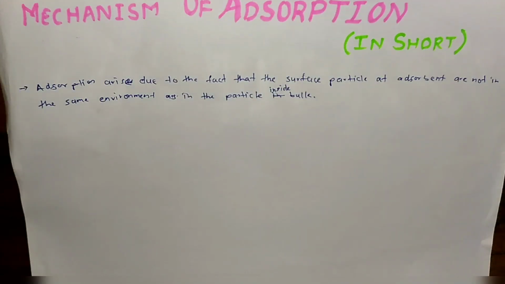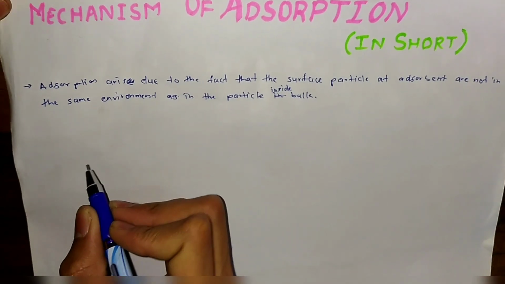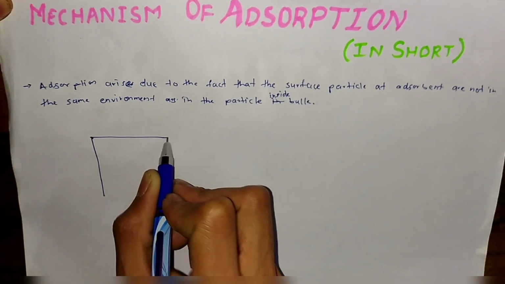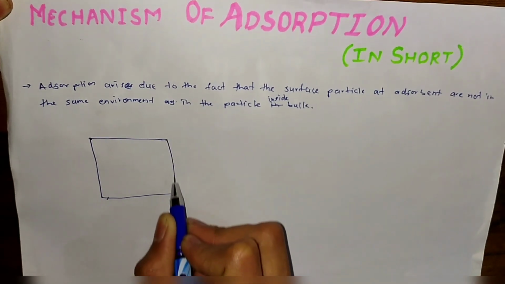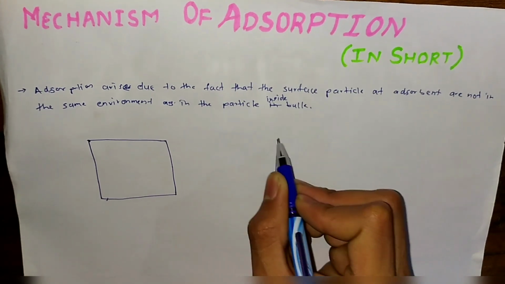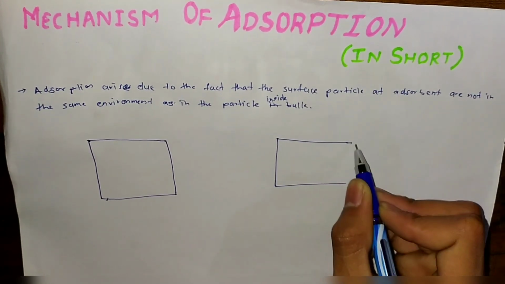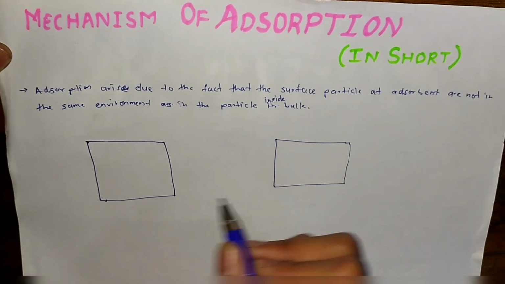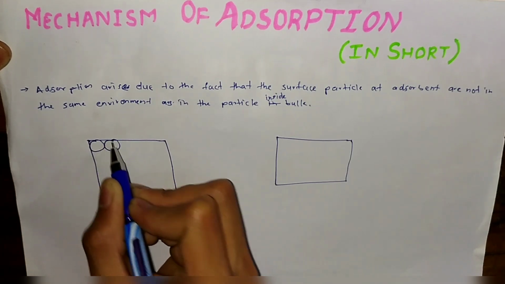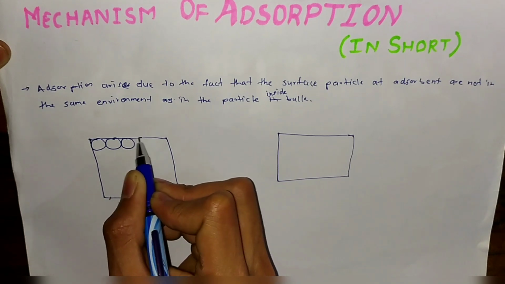If we see, this is the diagram. This is the particle closer to the surface. This is one particle, and this is one particle.